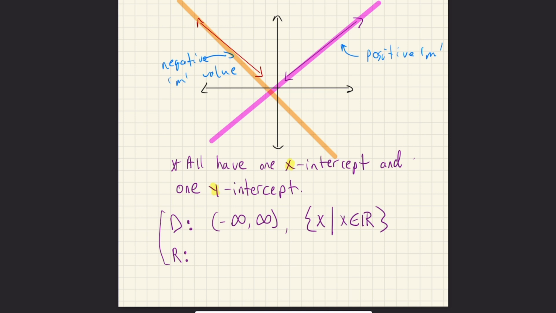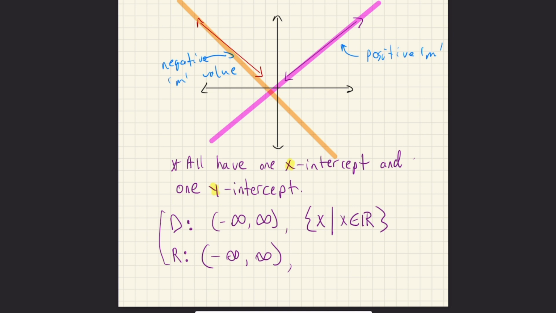So same thing, we're going to write open brackets for the interval notation, negative infinity to positive infinity. And we're using open brackets because infinity isn't an actual point on the graph. Now, if it was a point on the graph, remember, we would use the square brackets like that.